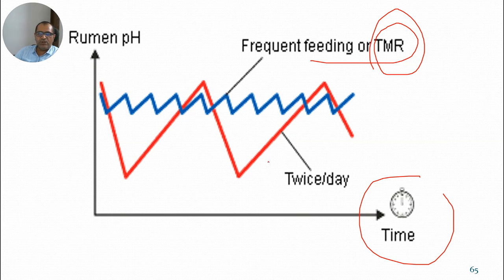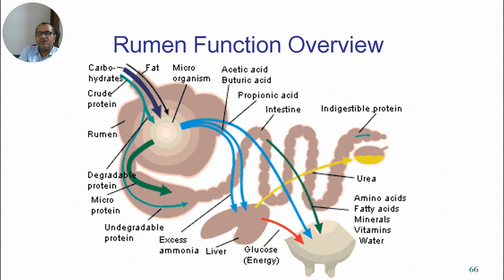If you feed twice daily, frequent feeding or TMR is always better. If you are going to feed the animal only once, there will be rumen overload. Instead, we can have persistent feeding so that the rumen pH is maintained in a uniform pattern.